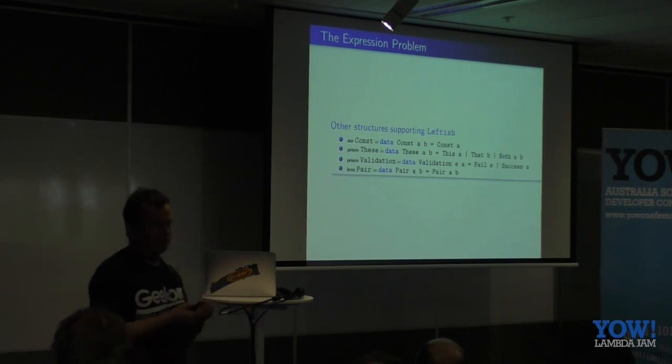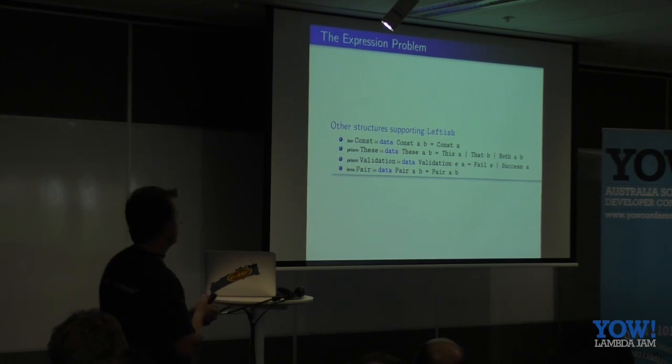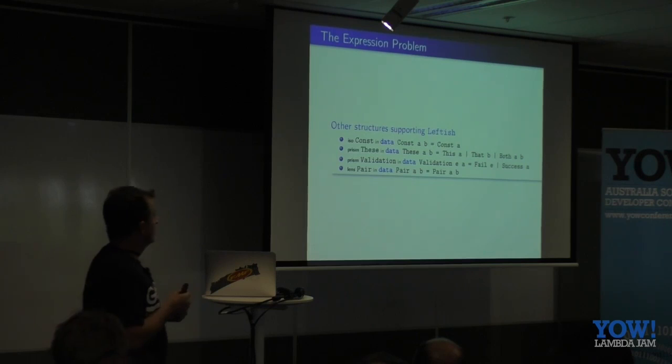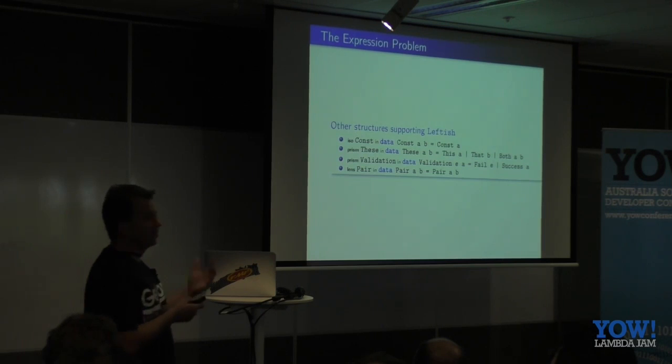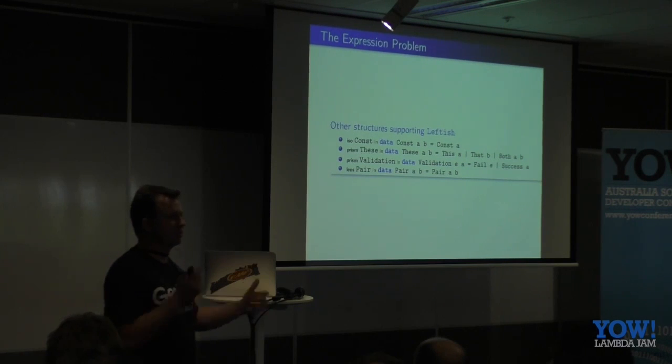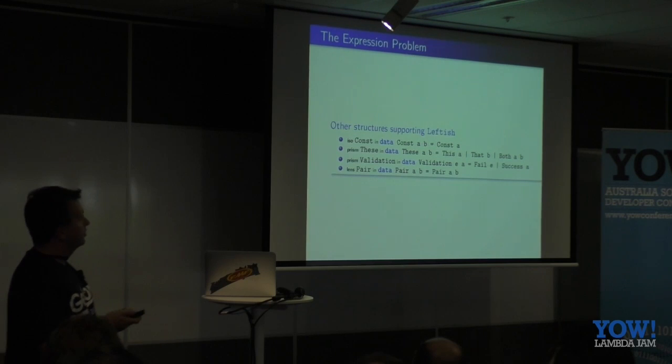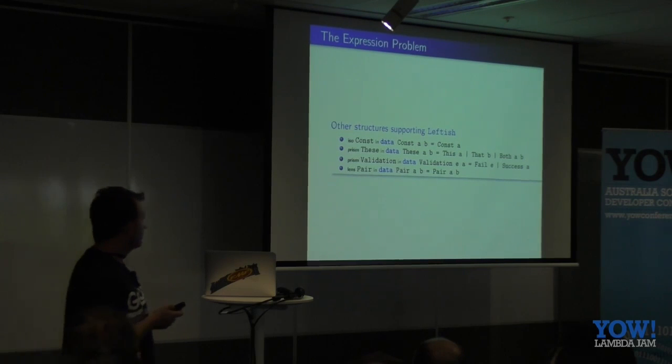There are other data structures that support this notion of potentially having a left, and that is, for example, const, which we saw this morning. However, the constraint on the P and the F are not choice and applicative. It's simply an isomorphism, so it's just whatever it is, profunctor and functor. So they're weaker constraints.